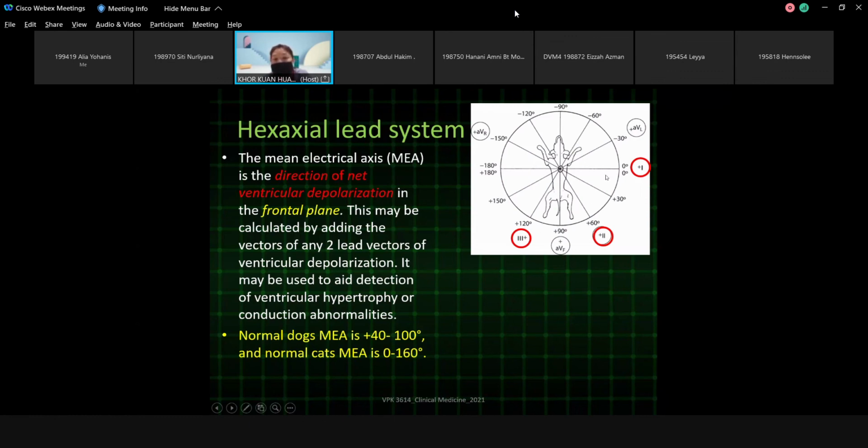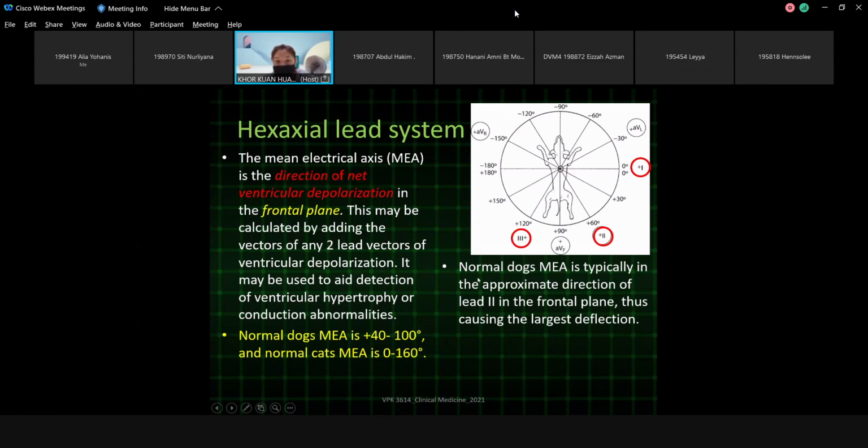In cats, the mean electrical axis is actually useless. You cannot have the heart upside down. If the heart were upside down, the ventricle would be here. This is just a joke for you all to remember. So the ventricle can be pointing from 0 to 160, which is over here.